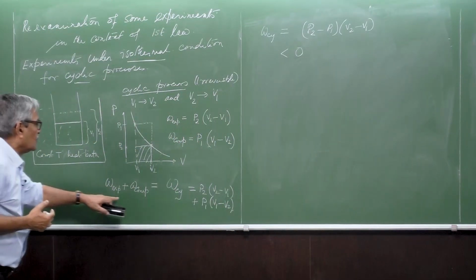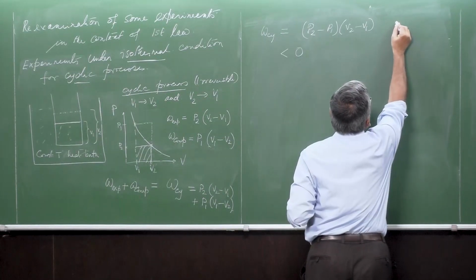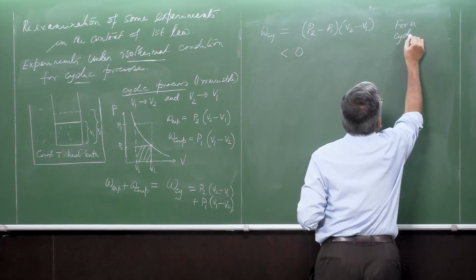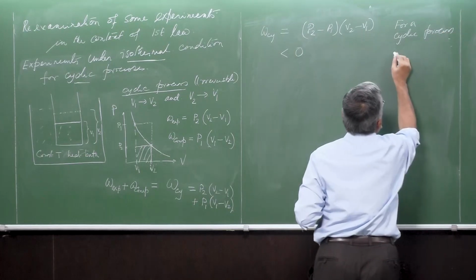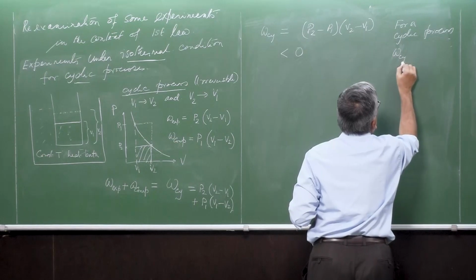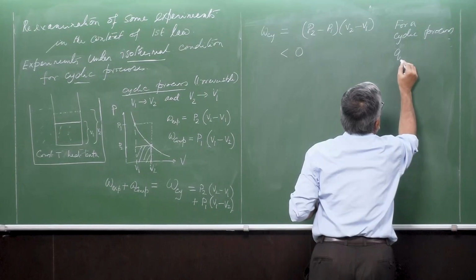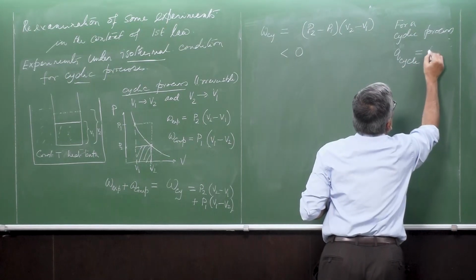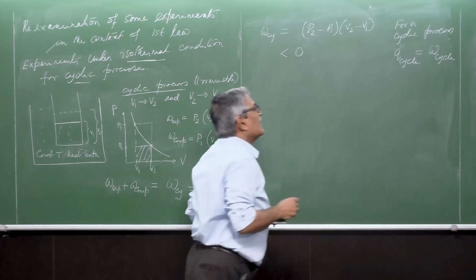Now we know that for a cyclic process, Q of cycle equals W of cycle. That is heat.